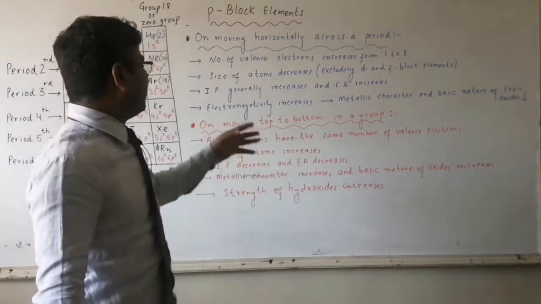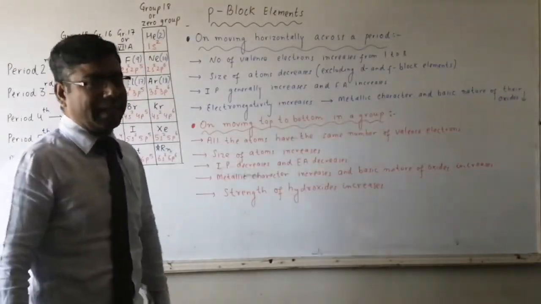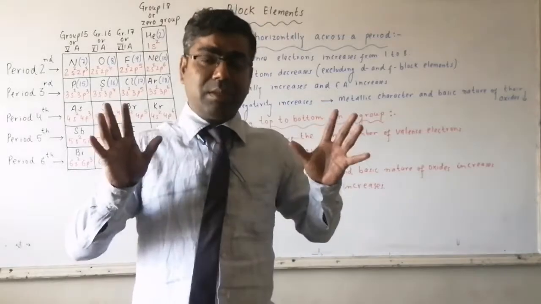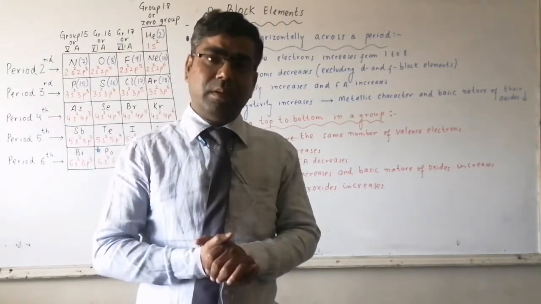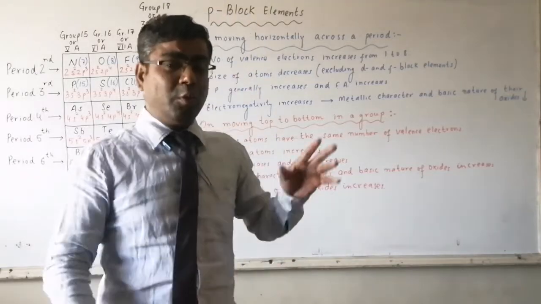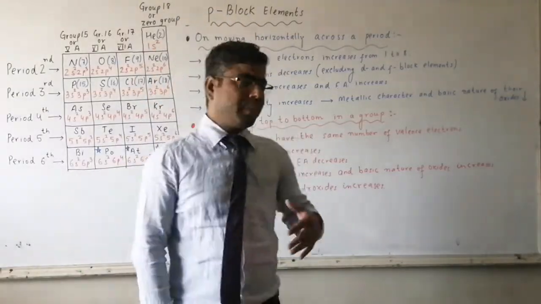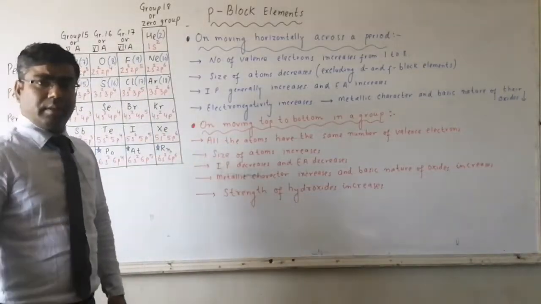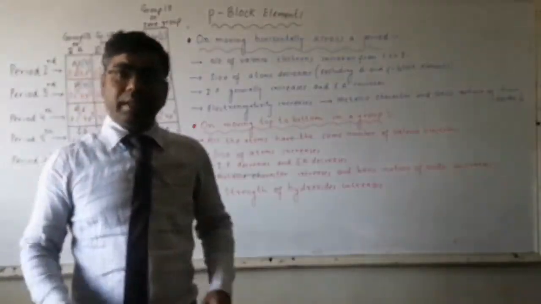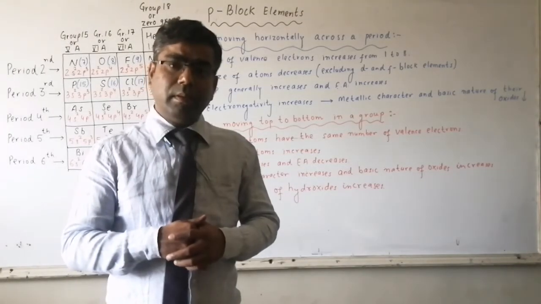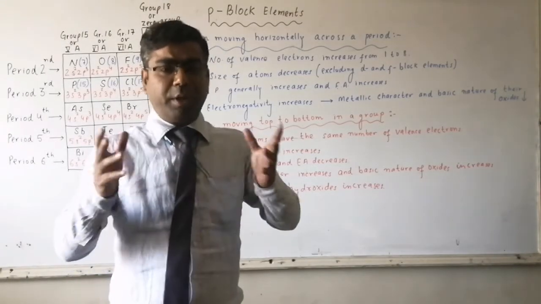Then we have group number 18, 0 group, which is also called noble gases. Earlier it was also called inert gases, means non-reactive gases. Now the term inert gases is not used with group 18 elements, because xenon can form compounds in laboratory.